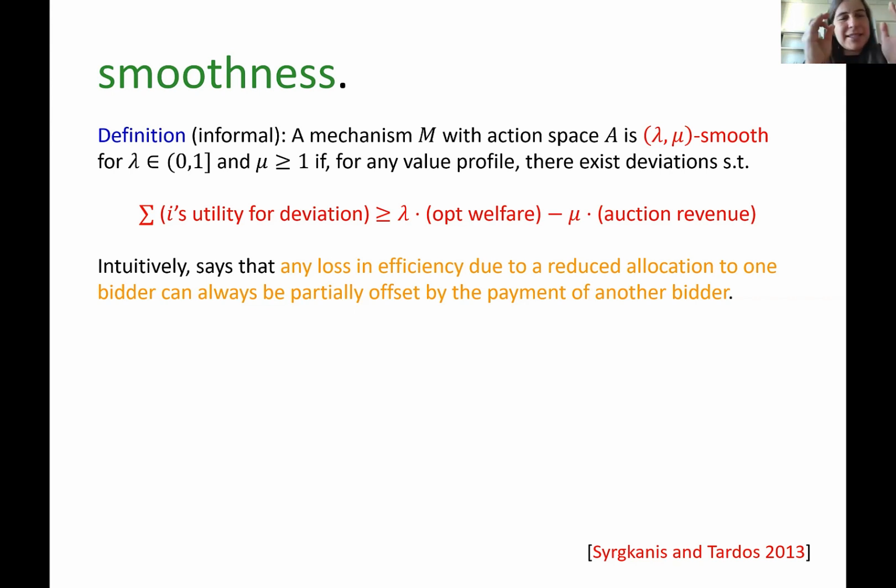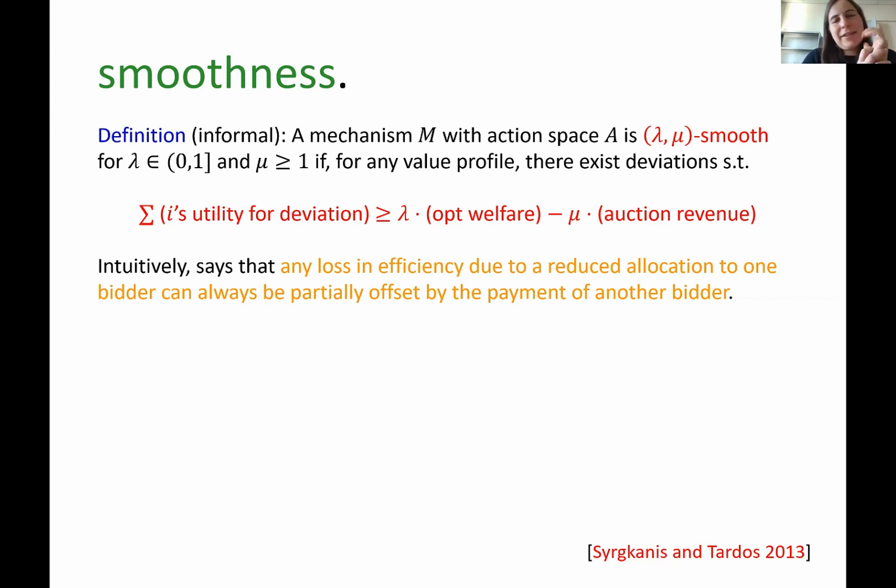And basically it says that for any kind of value profile, each agent is going to be able to have a deviation, and they can grab some utility from this deviation potentially. And the idea is that the sum of these deviations together with the revenue of the auction itself, which you can think of as sort of the utility of the auctioneer, is large enough to cover the optimal welfare up to some approximation factors, lambda and mu.